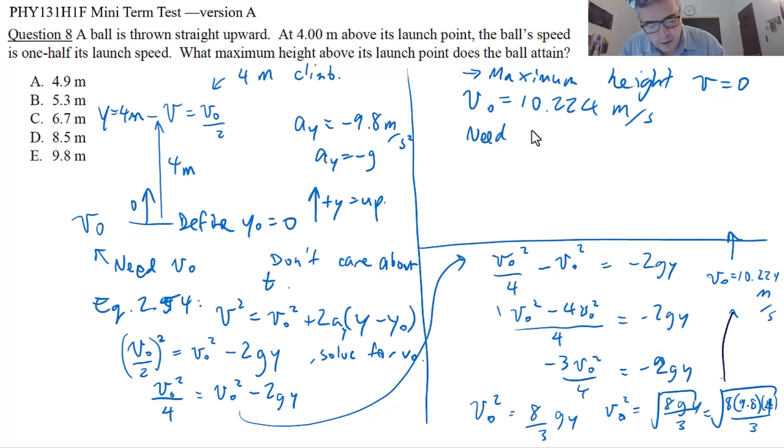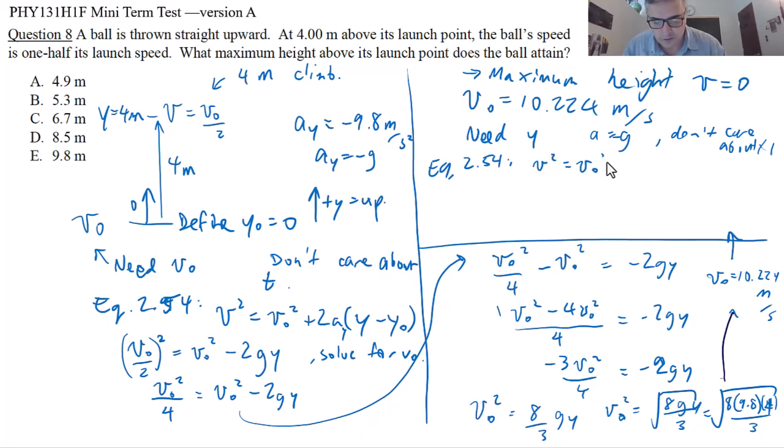What we need is y, and again, we got a is negative g, and again, don't care about time. So we're going to use that same equation, again, 2.54. We get that v squared equals v0 squared plus 2a sub y times y minus y0.